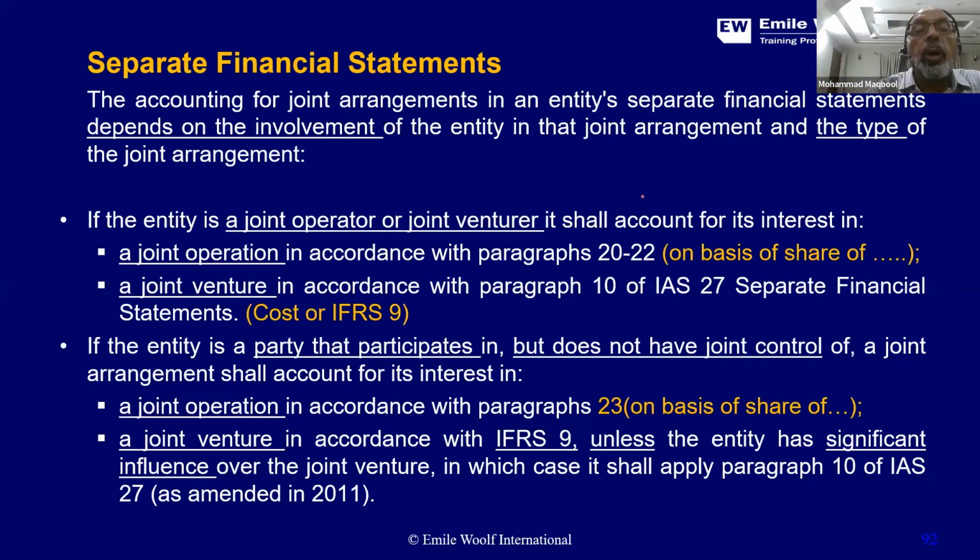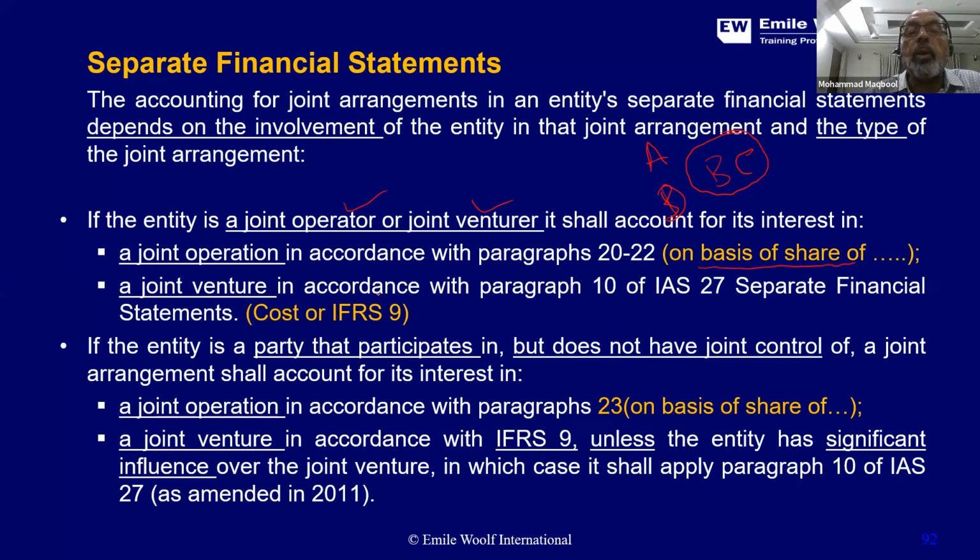If the entity is the joint operator or joint venturer, I mean, not A and D, we're talking about B and C, which have joint control, it shall account for the interest in the joint operation in accordance with the share basis we already talked about.